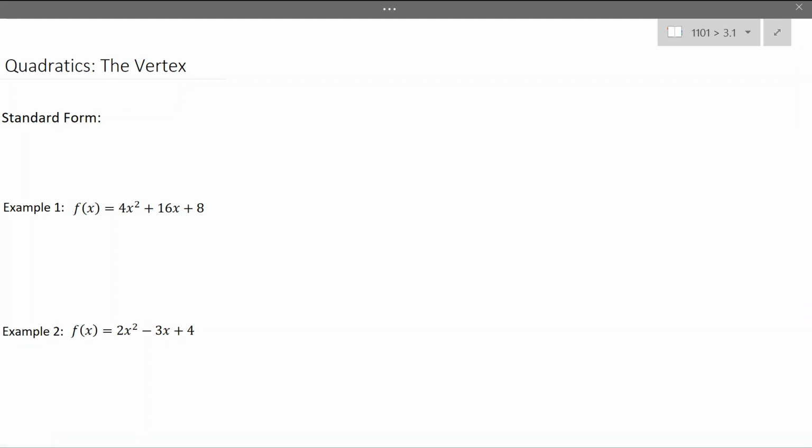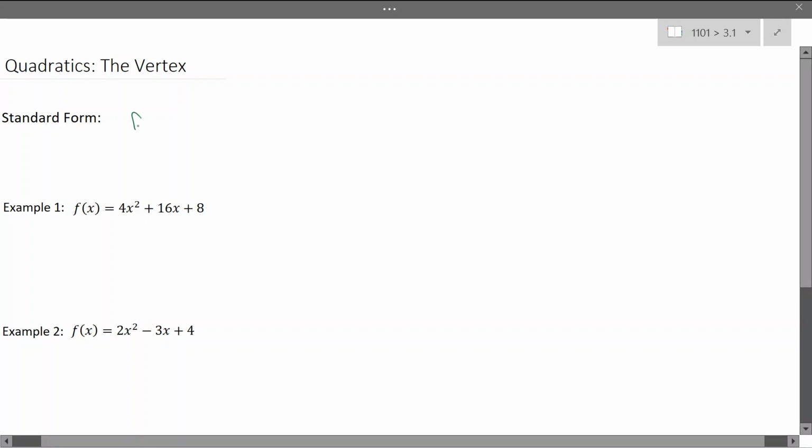In this video, we're going to be talking about finding the vertex of a quadratic when you're given the function. Quadratics can have one of two forms, either standard form or vertex form. Standard form looks like f of x equals ax squared plus bx plus c.